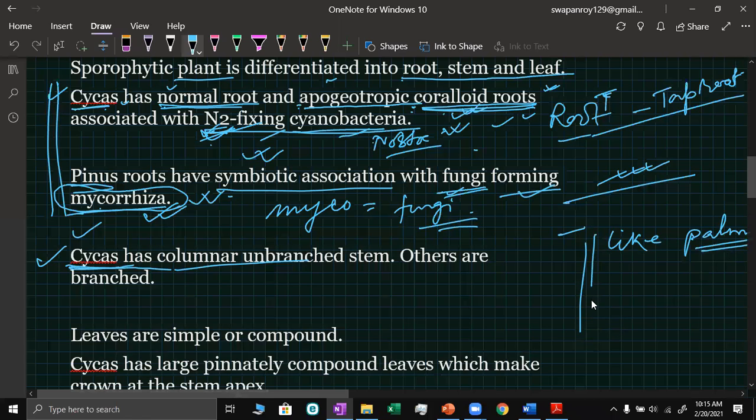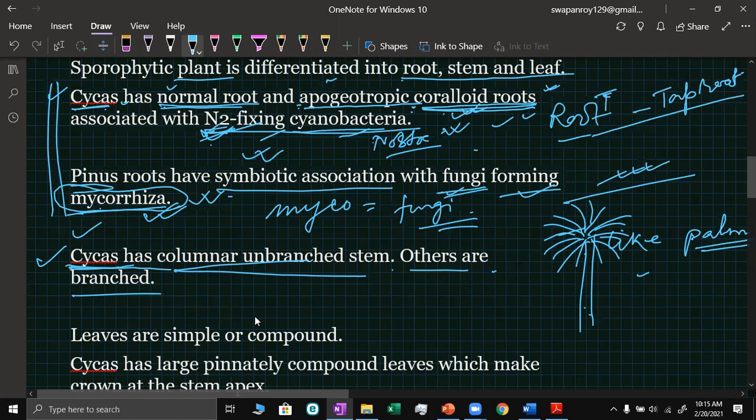There is a column, a stem, and there is a crown of leaves, and there is no branching, rarely branching is found. So it has a columnar unbranched stem, but the others are all shrubs and trees, and they are well branched also. Due to their branching pattern they look conical in shape and give a very good appearance.